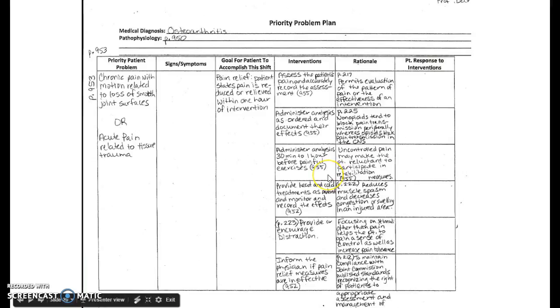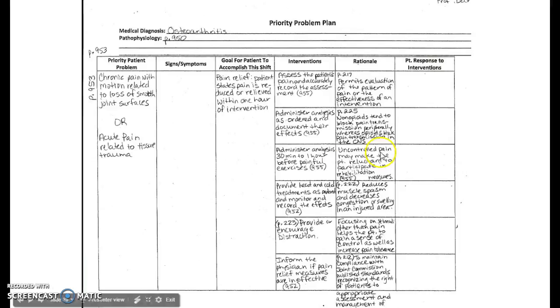Now, this one looks like it's the same thing, but it's different. It says administer analgesics 30 minutes to 1 hour before painful exercises. Remember that was on my slide presentation, and that again came from page 955. At the bottom it says uncontrolled pain may make the patient reluctant to participate in rehabilitation measures.